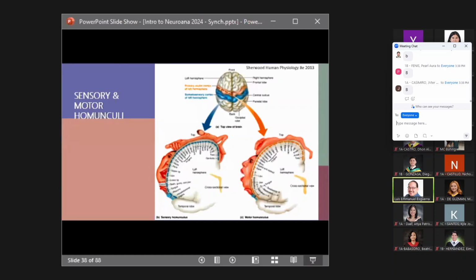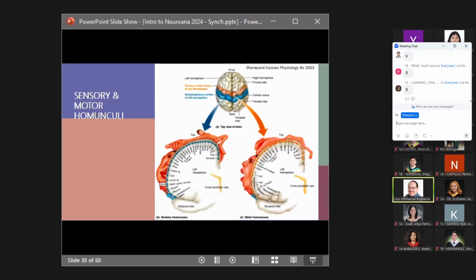So motor control has a higher representation there as compared to the lower extremities, which are located in the medial aspect of the cerebral hemisphere.